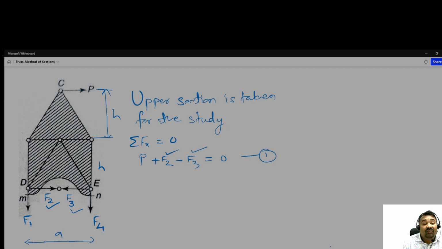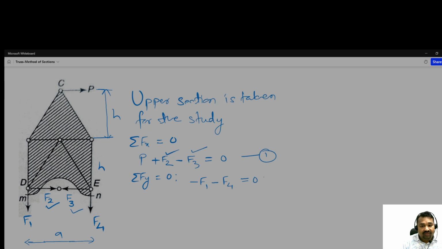Okay, and suppose we take summation of Fy is equal to 0. So what we're getting: F1 with the minus sign, then F4 again with minus sign, and it is equal to 0.